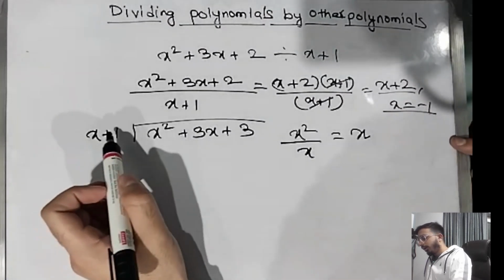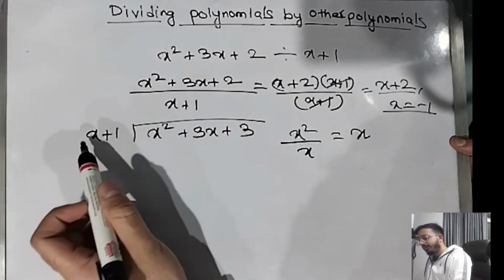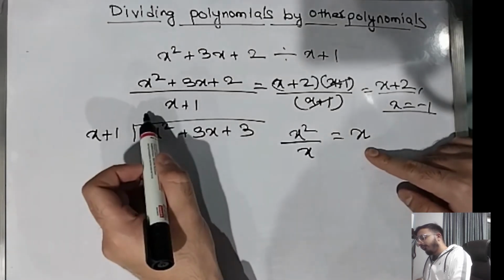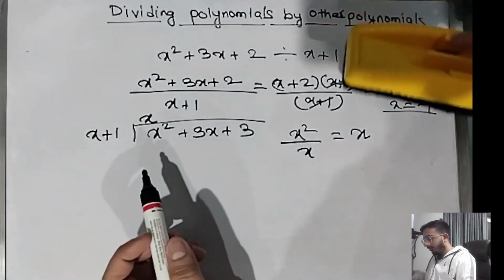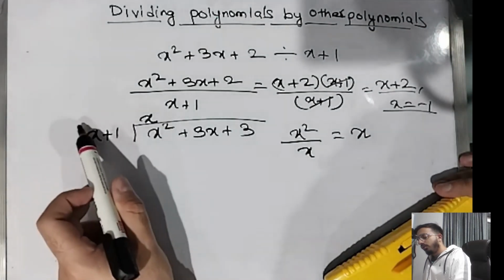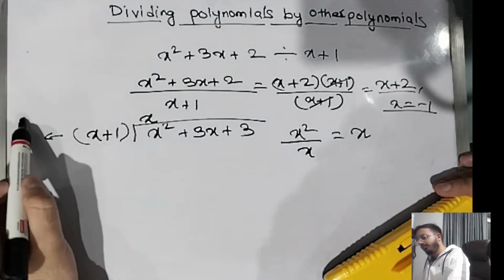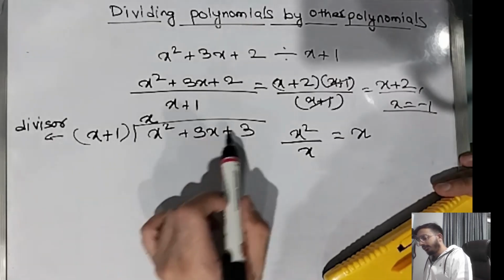Now, after dividing the leading terms or the highest degree terms, we get x, we put the value over here, right? Now, we multiply this term with the whole divisor. This is called the divisor, the term with which you divide. Okay.